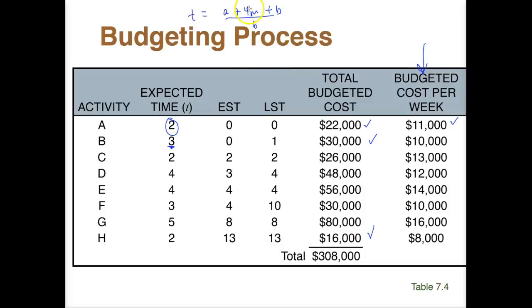We're doing sort of like an 80%, 10%, 10% weight on the optimistic time, most likely time, and pessimistic time. And again, we see that the total cost is going to be $308,000.